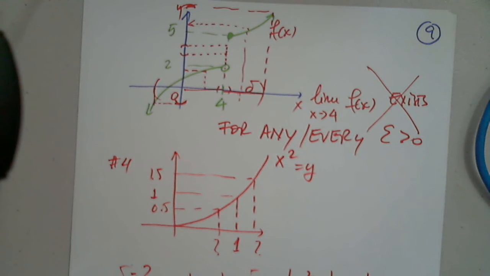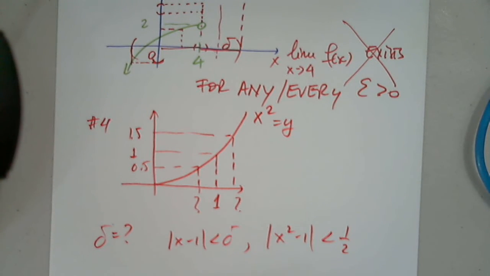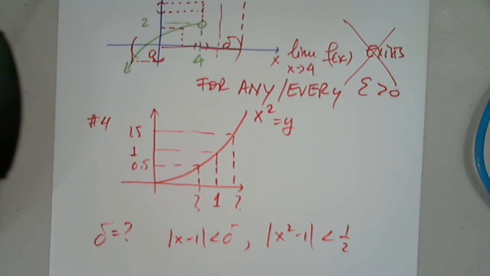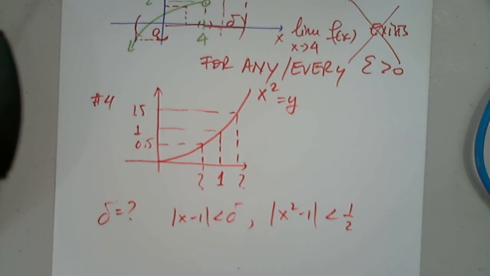Great job. Okay. So remember our definition, and we have to start with epsilon. Can anyone looking at the graph give us epsilon? Because every delta depends on the epsilon.